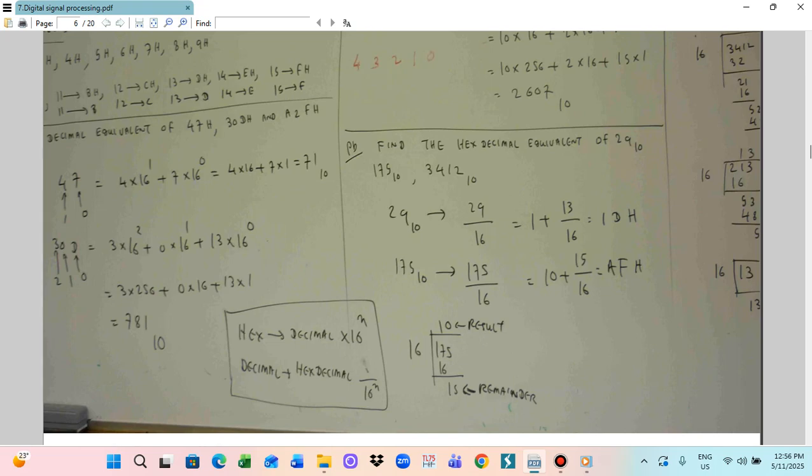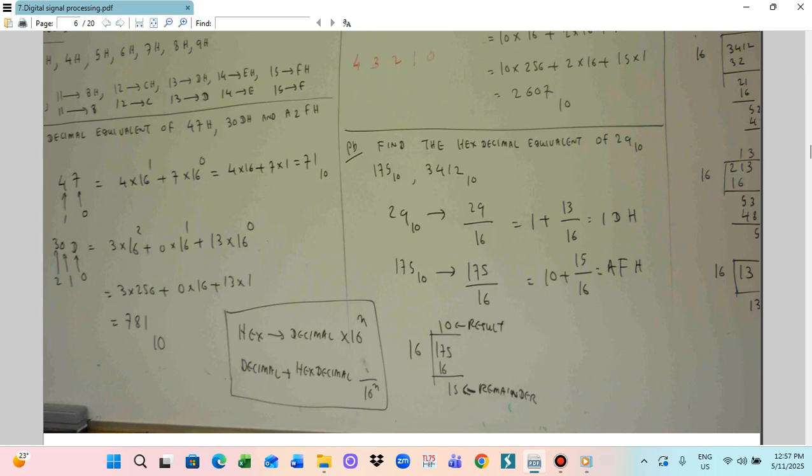You cannot divide, so only the remainder is 13. So 13 divided by 16 means result 0 and remainder 13. In this case you have to write the remainder, which is 13, but 13 you need to interpret. 13 is similar to D.